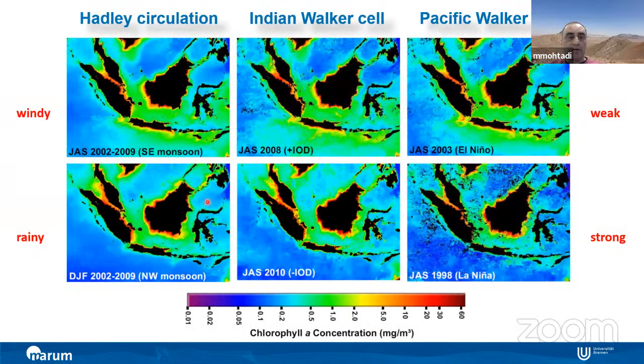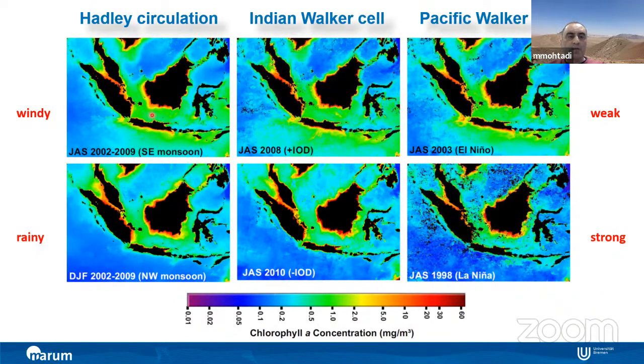So this figure sums up all the difficulties with reconstructing climate from this region. If you look at the Hadley circulation, that's basically the monsoon circulation. You have the windy season, this July, as an example, July, August, September. This is the chlorophyll A data from the satellites.